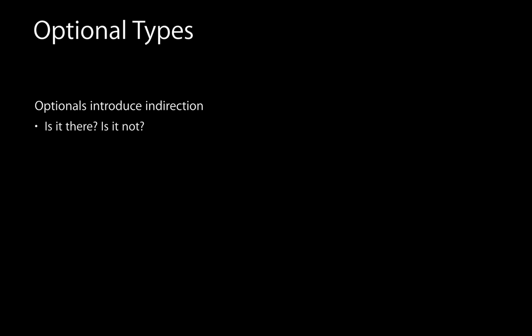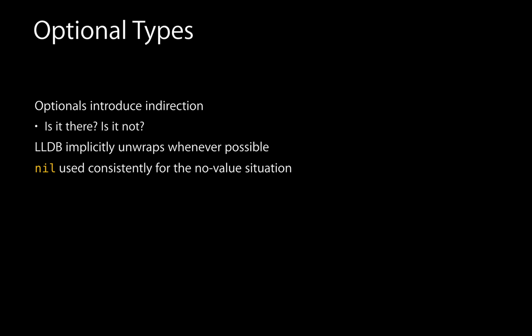Actually, there's nothing here. In code, that opening the box is something you have to do, and it's called unwrapping the optional. lldb helps you out. When you're debugging, it will implicitly, automatically unwrap the optional, open the box for you, and show you the contents. And if there are no contents, we'll just say nil. How can we expect that to look?